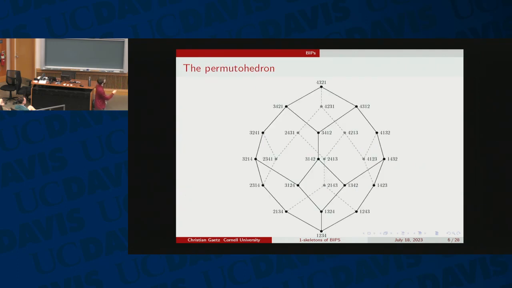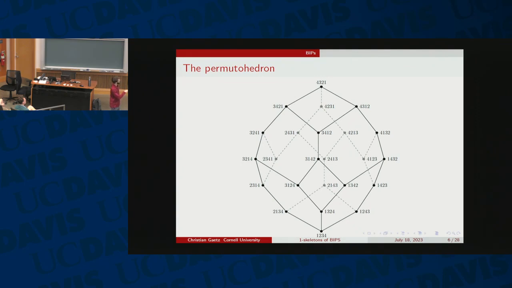So this is a picture of the permutahedron, where I've kept, as for the posets, the vertices on levels corresponding to their length. So this is a polytope with the dashed edges in back, but we can also view this as giving us a partial order on the symmetric group.